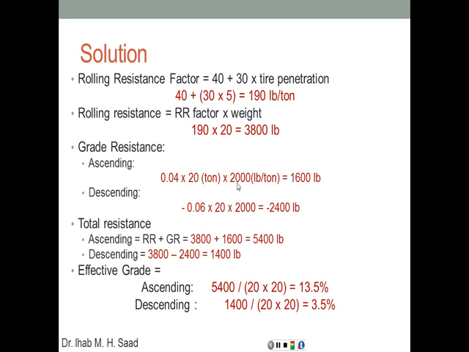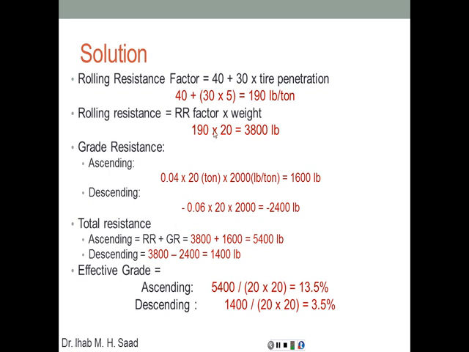So the total resistance is equivalent to 1,600 pounds. Descending is going to be negative. Remember that going uphill is positive, downhill is negative. So the resistance going downhill is negative 2,400 pounds.